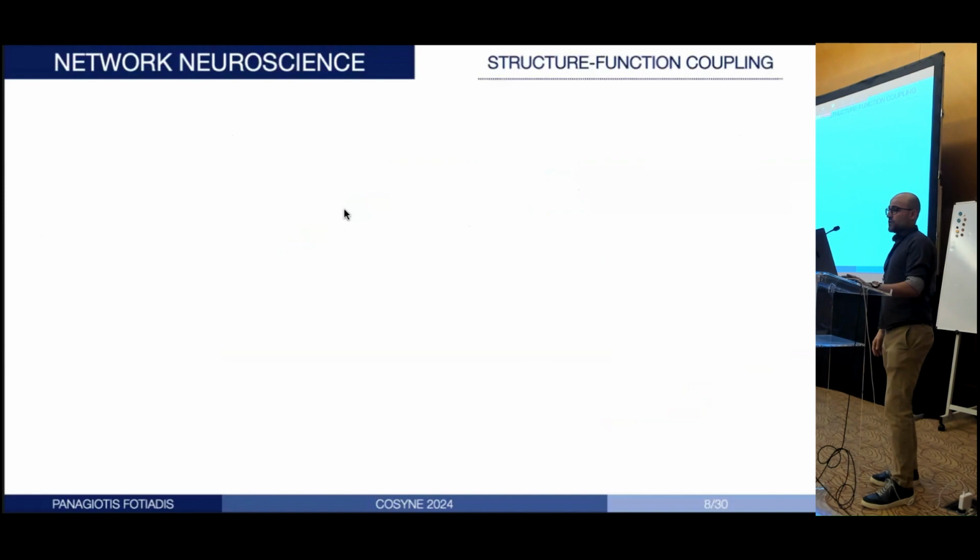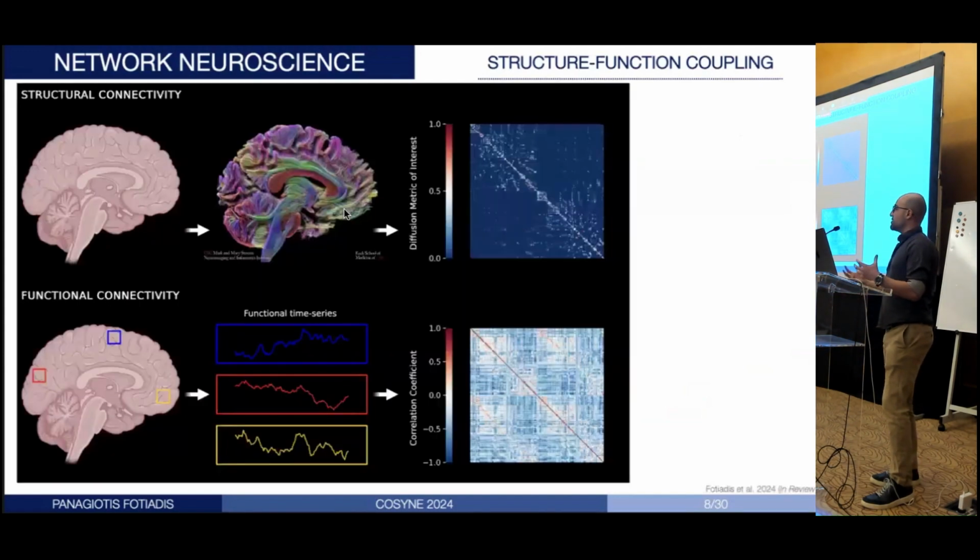And for that purpose, over the last 5 years, I would say, people have come up with this metric called structure-function coupling that essentially assesses the relationship between structural connectivity and functional connectivity.